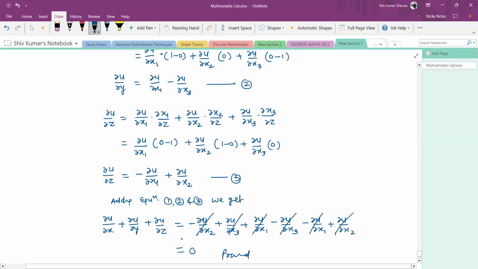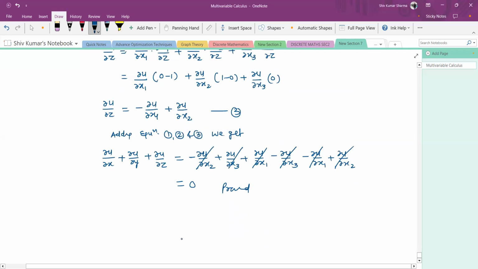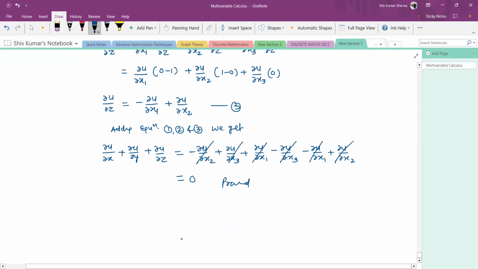So we take another question related to partial differentiation, meaning total differential.